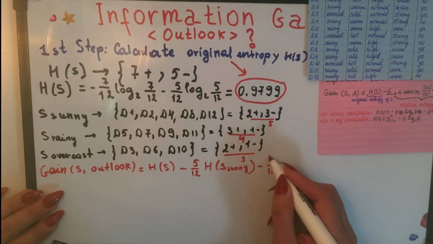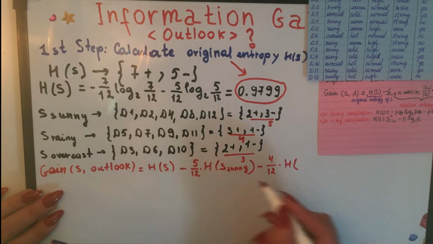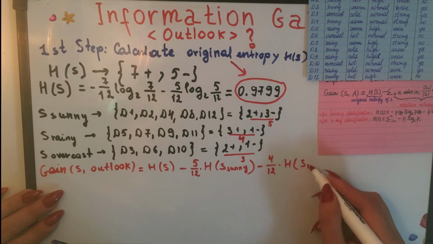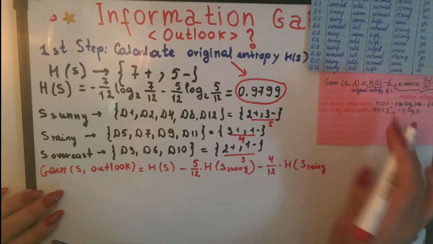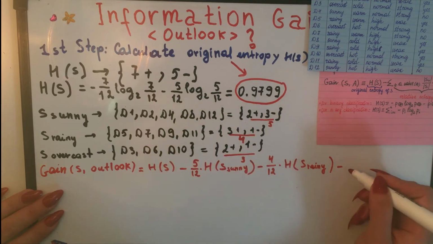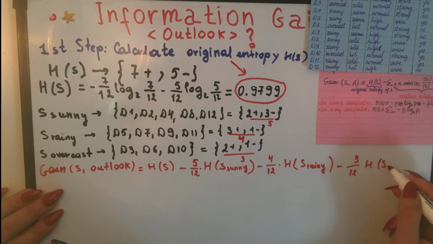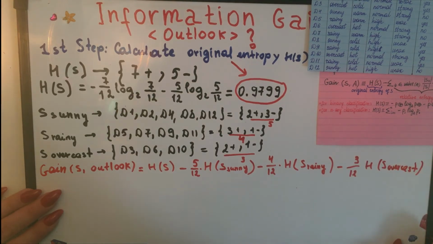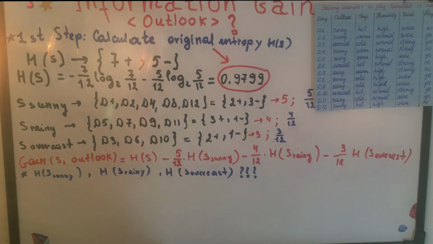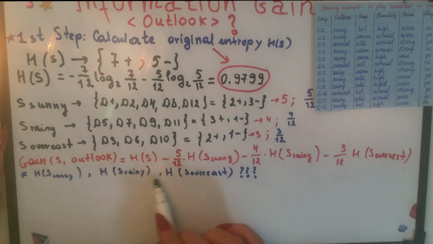This is our relative entropy for sunny. Minus 4/12, because 4 is the total number of days which is rainy, times H of S rainy, minus 3/12, because 3 is the total amount of days where the weather is overcast, times H of S overcast.